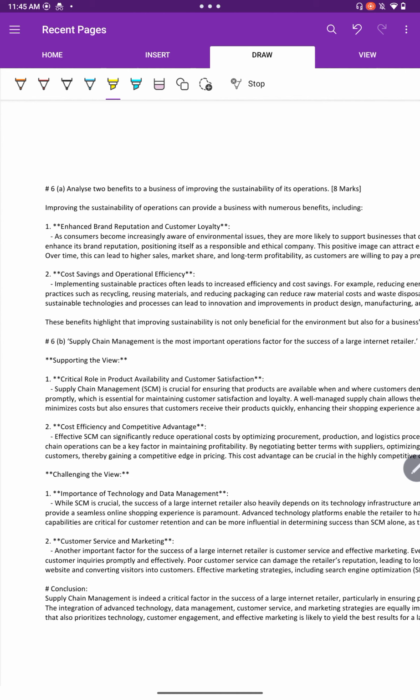So the first part is to analyze two benefits to a business of improving the sustainability of its operation. Improving sustainability of operations can provide a business numerous benefits, but first of all you have to define what sustainability is, and after that you should write its pros.